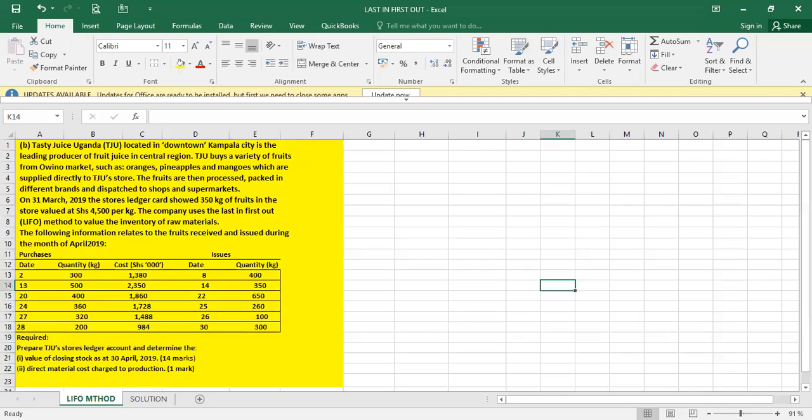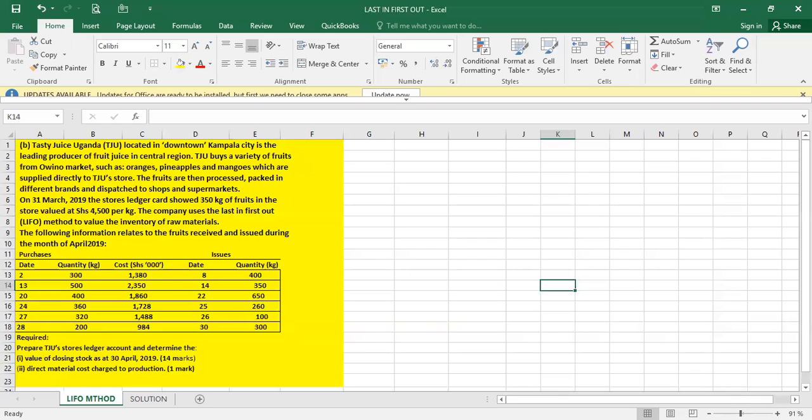On 31st March 2019, the store ledger card showed 315 kilograms of fruits in the store, valued at 4,500 per kg.